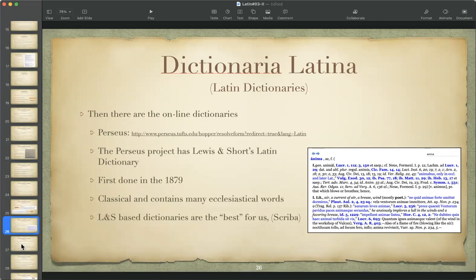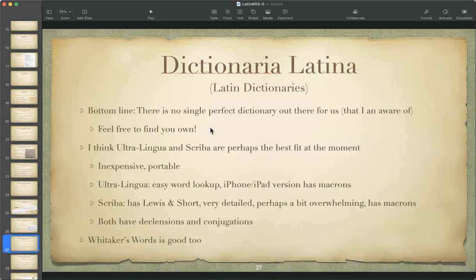If you're on Google, go to Google Play. I don't know what Windows does, but look around and see what's out there. Bottom line, there is no single perfect dictionary out there for us, or at least one that I've run across. Find your own. Of the two I know, Ultralingua and Scriba are perhaps the best fit at the moment.